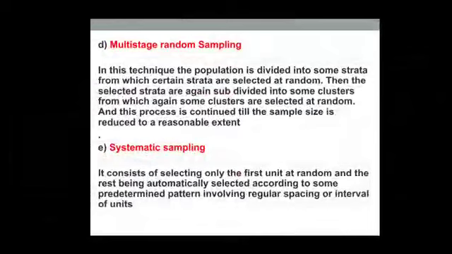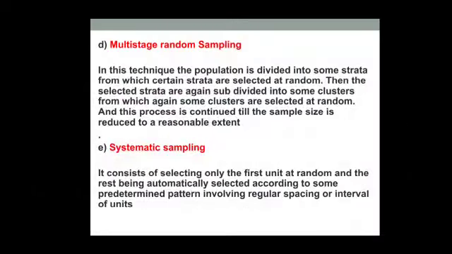Suppose there are 100 units, and randomly unit number 56 is selected. Then the researcher uses equal spacing of 10 as interval, so 56 plus 10 is 66, then 76, then 86, this way.